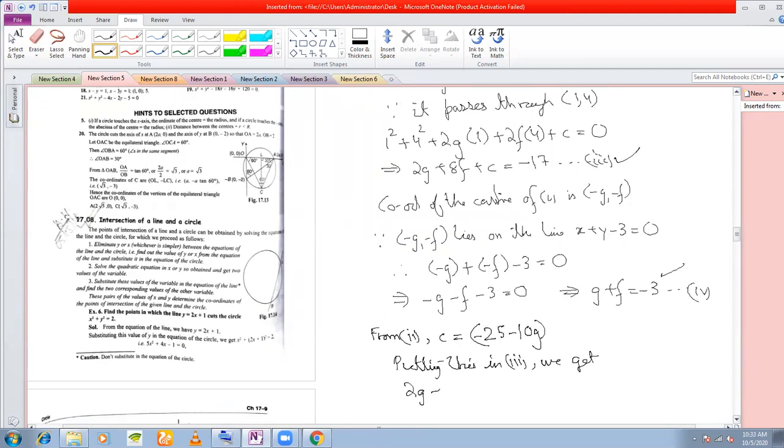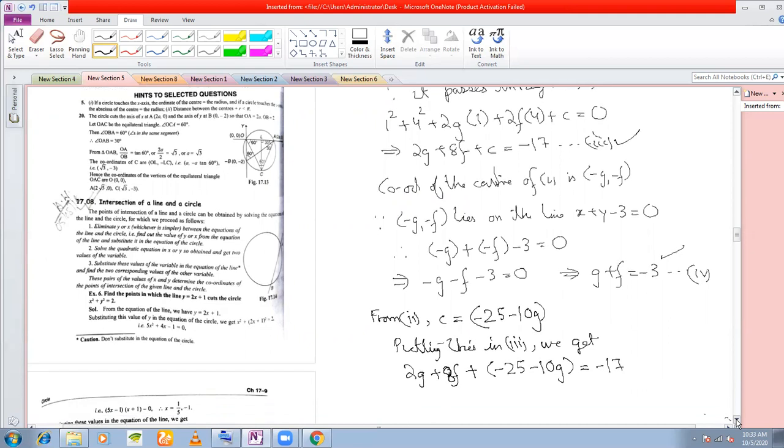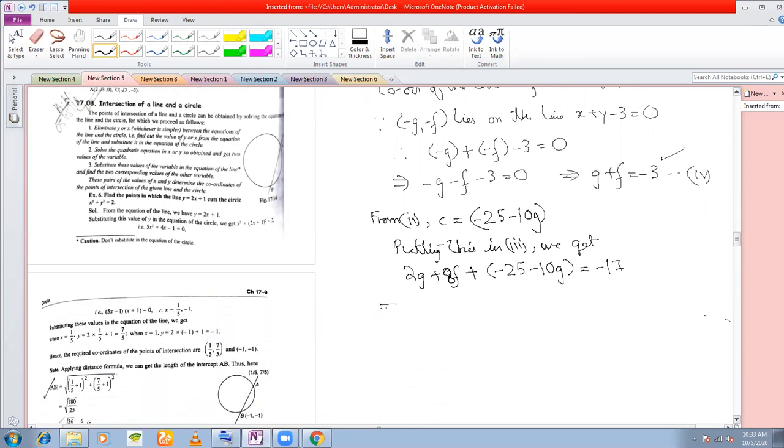2g plus 8f plus c, and the value of c here is minus 25 minus 10g, is equal to minus 17. So we simplify this, we'll get an equation in g and f. We get 2g plus 8f minus 25 minus 10g is equal to minus 17.